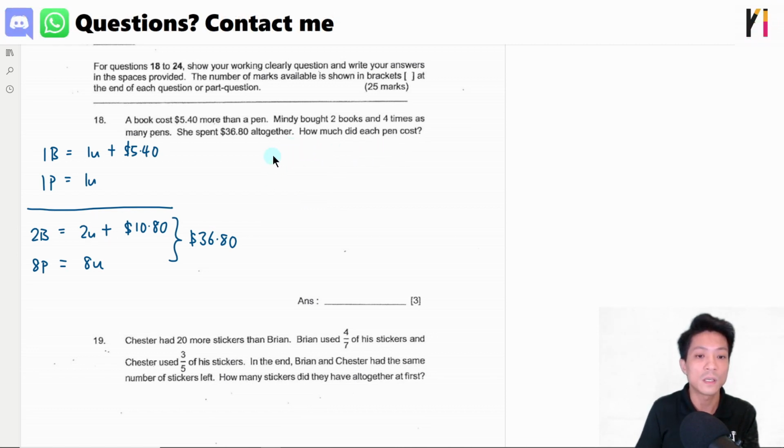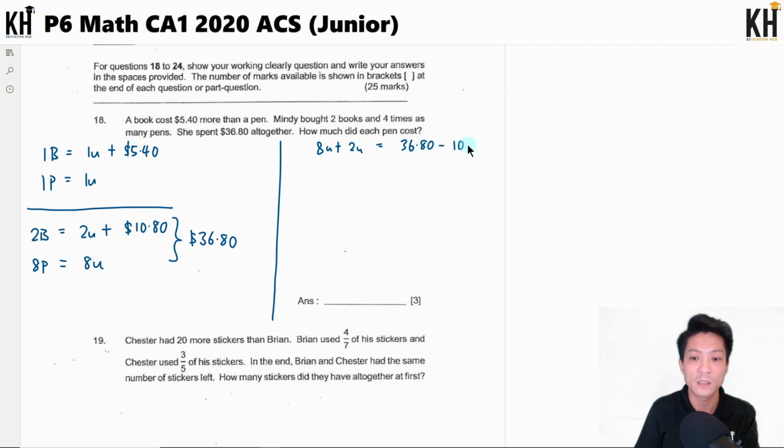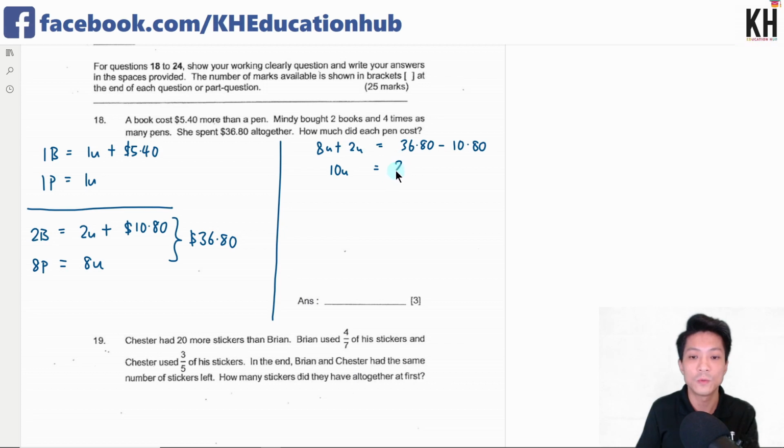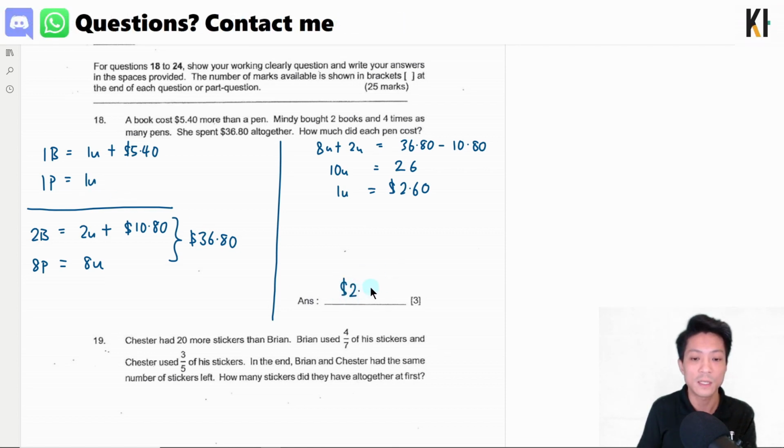So in this case, the first thing that we need to do is find what is 1 unit. 8 units plus 2 units is equal to $36.80 minus $10.80. So 10 units will be equal to 26, which means that 1 unit will be equal to $2.60. How much did each pen cost? Each pen costs 1 unit, and so it will be $2.60.